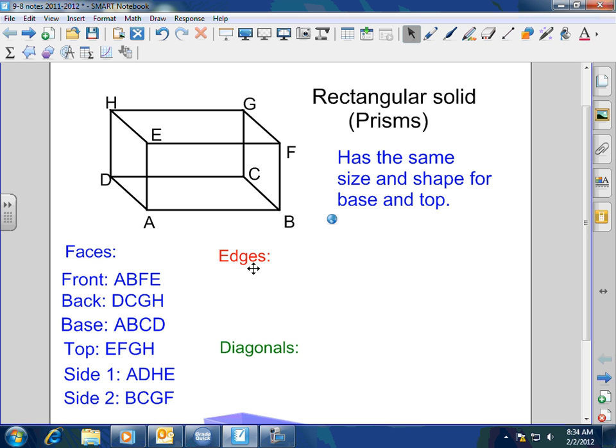I'm trying to answer your question, but I don't really understand what you're asking me. How do I know that A, B, F, E isn't the front?